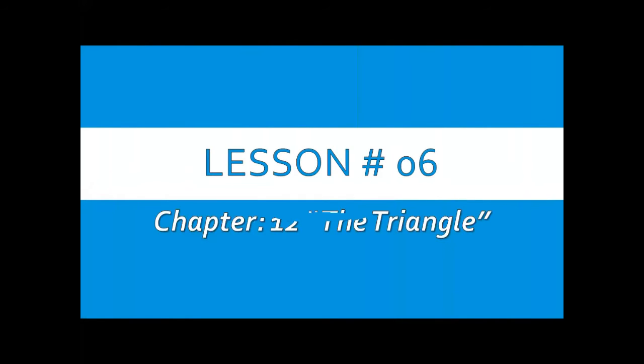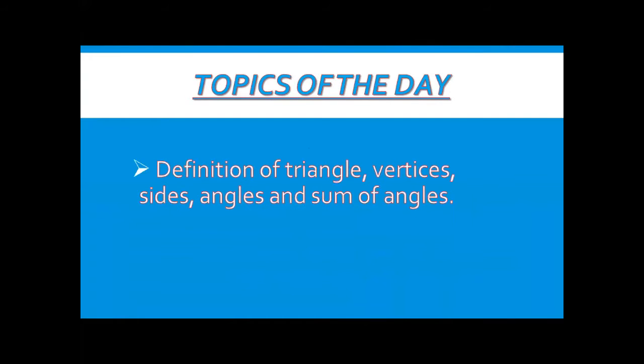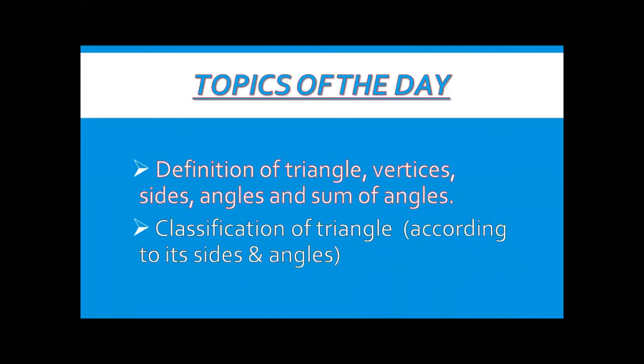Now, today we are going to start our sixth lesson, and this is our new chapter, chapter number 12, the triangle. The topics of the day are definition of triangle, vertices, sides, angles, and sum of angles, and classification of triangle according to its sides and angles.